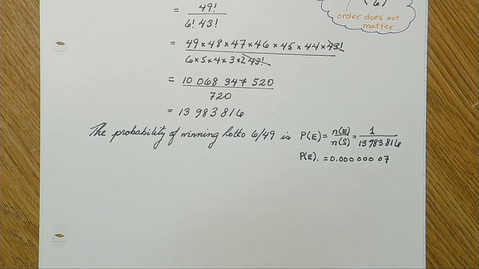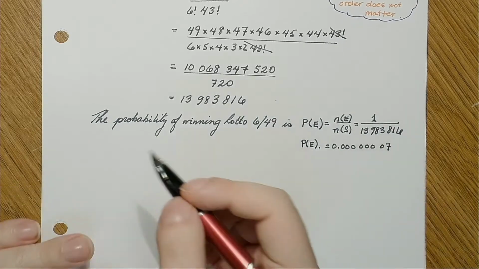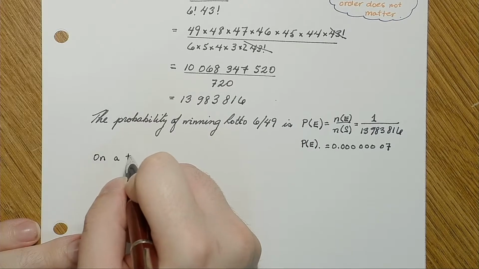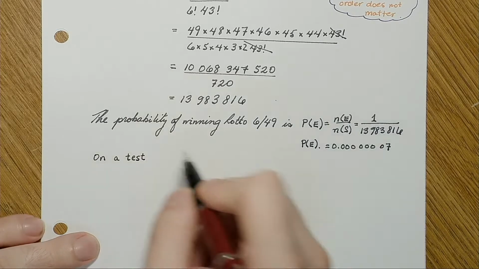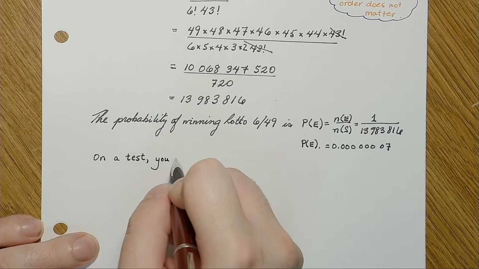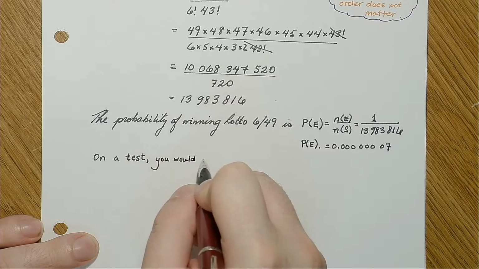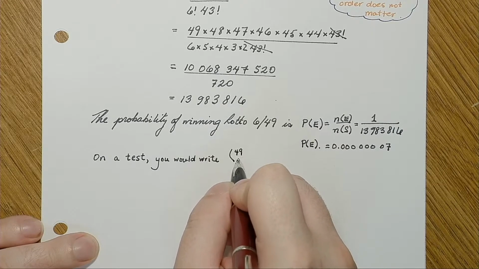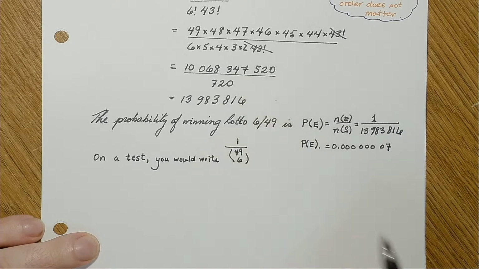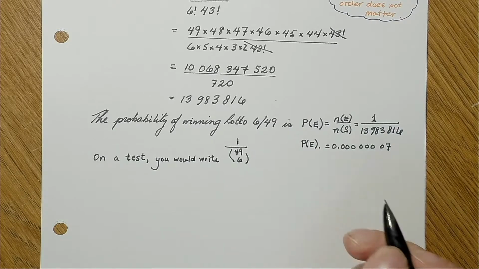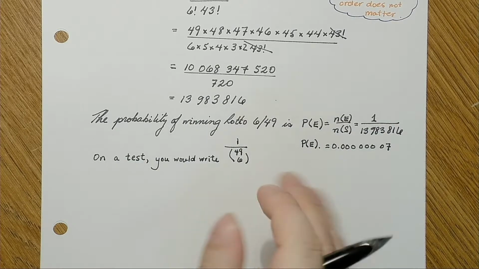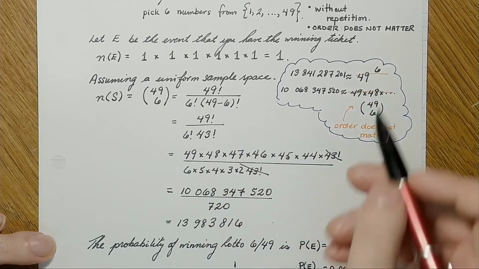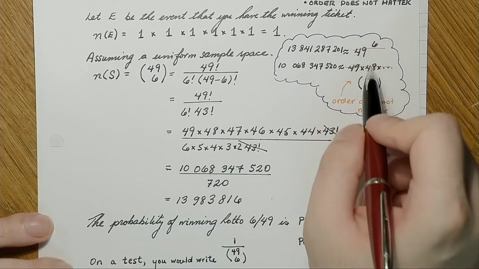How would we want that to look on the test? So on a test, you would just write it: 1 over 49 choose 6. Or, like you saw right here, this is a great multiple choice question. You could have multiple choices for that.